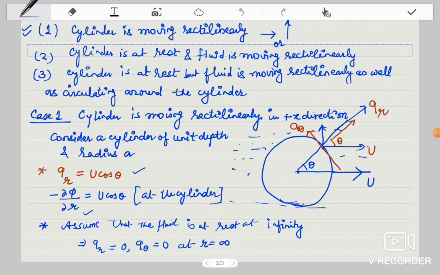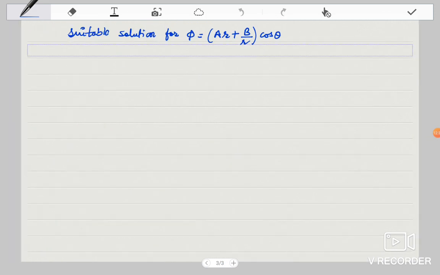On the previous page I should give it 1, this is 2, and now this is 3.